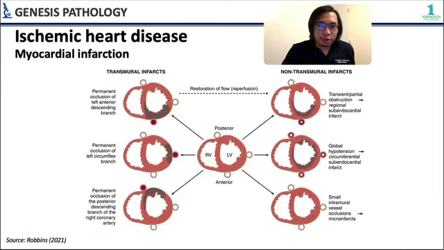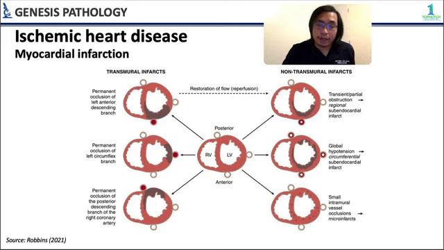Now, usually, our myocardial infarction depends on which blood vessels are occluded. So, most commonly, it's still your left anterior descending that is occluded. So, when the left anterior descending artery is occluded, usually that's an anterior infarction.